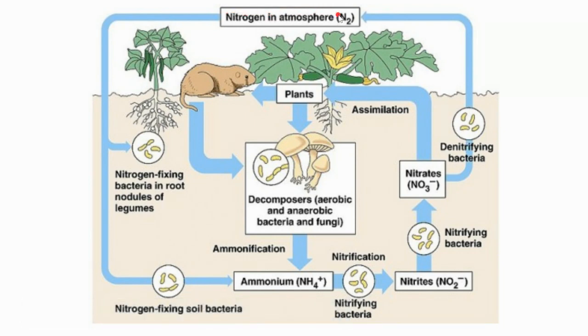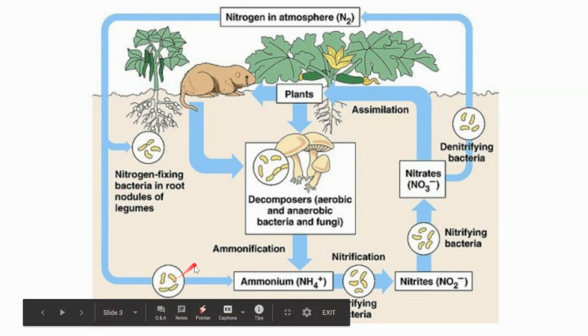And that N2, like we said, needed to be fixed in order for plants to use it. So nitrogen fixing bacteria exist in the earth and on plants' roots. This bacteria takes the N2 out of the air, turns it into ammonia, and that ammonia can be used by the plants. Same thing here, the nitrogen fixing bacteria fix it to ammonium.